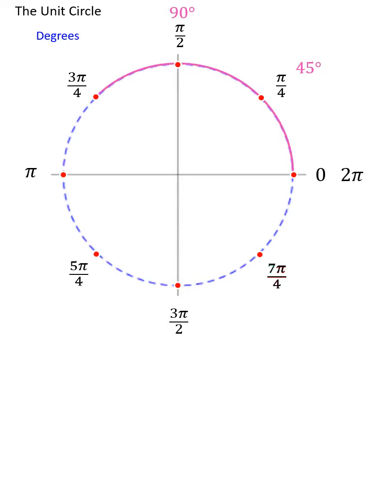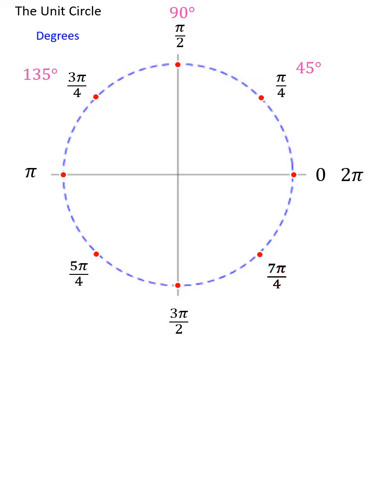Consider the arc of length 3 pi over 4. That's associated with a 135-degree angle at the center of the circle, and therefore we label the arc as a 135-degree arc, but we refer to this location on the unit circle as 135 degrees, again because the arc terminates at that point.